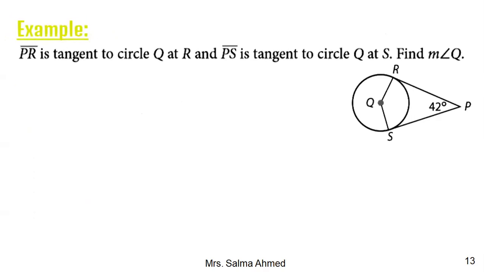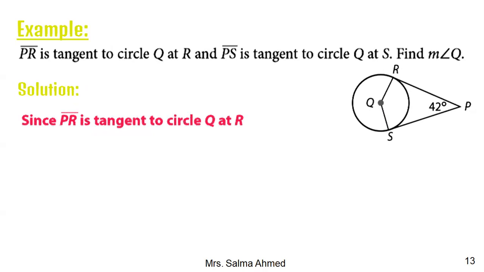Another example. PR line segment is tangent to circle Q at R, and PS line segment is tangent to circle Q at S. Find the measure of angle Q. So I need to find the central angle. I think we are going to use the circumscribed angle theorem.